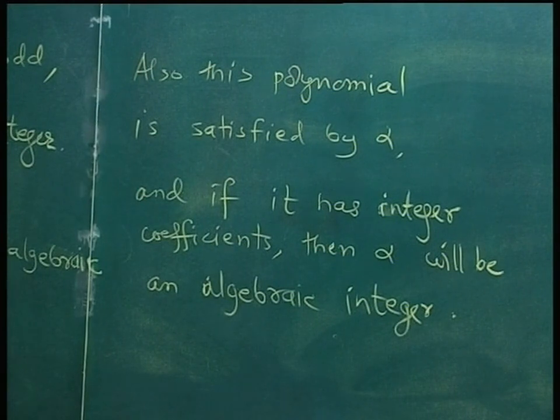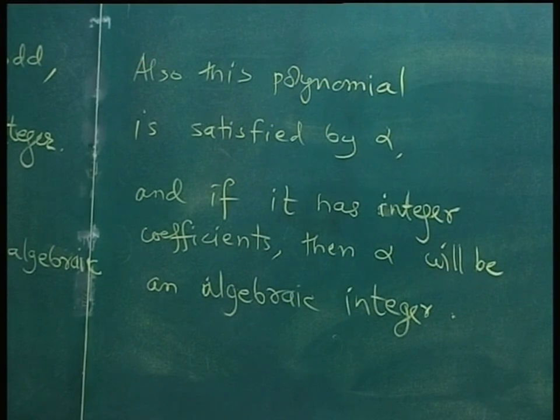Just the other way, that if this polynomial has integer coefficients, now already alpha is a root of this polynomial. So if this has integer coefficients, then alpha will be an algebraic integer because it satisfies some polynomial with integer coefficients.